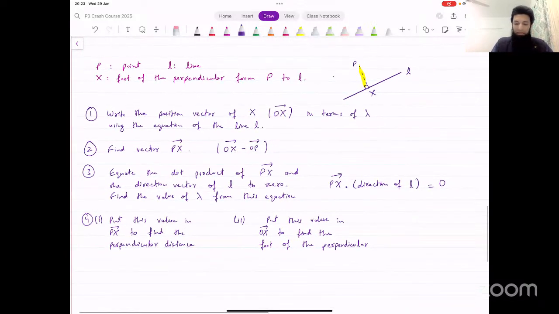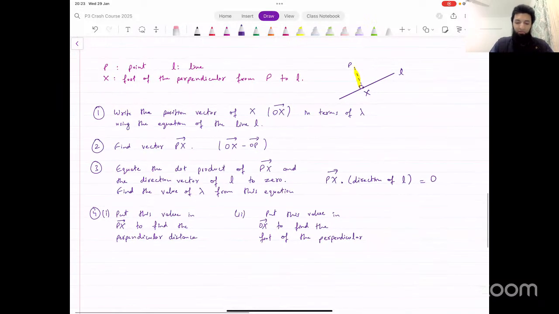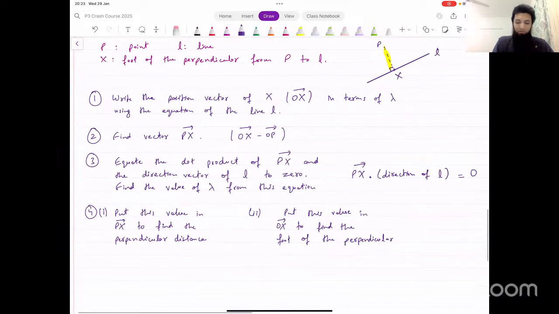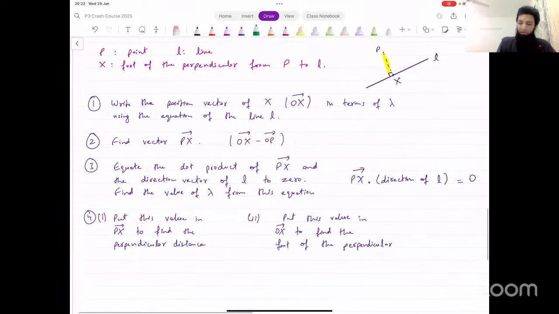Generally, I don't recommend rote learning a lot of things, but if you do not remember the steps for this, it will be hard to figure out in the exam itself. So remember each step in the process. What's the first thing you do? If X is the foot of the perpendicular, you first of all write the position vector of X in terms of lambda using the equation of the line L.